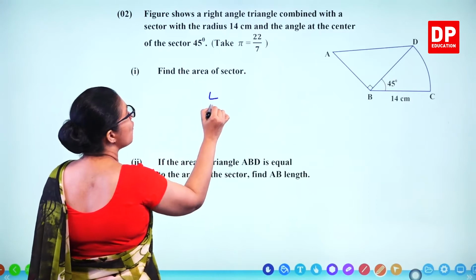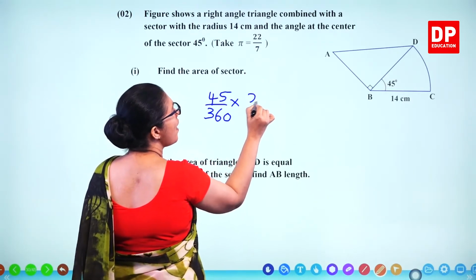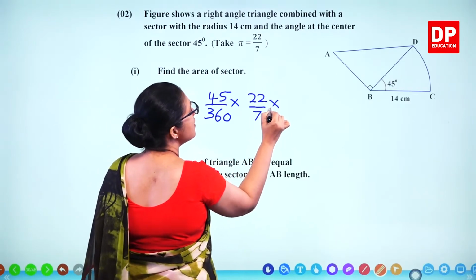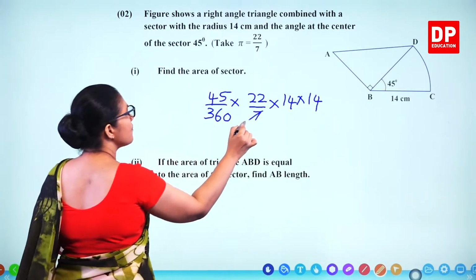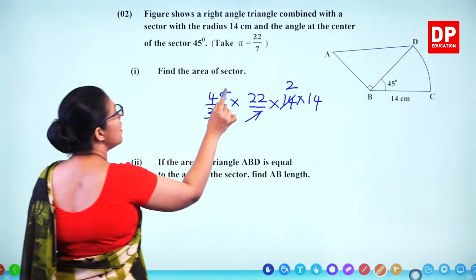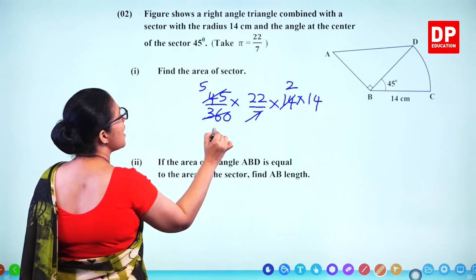So the angle is 45 out of 360 into pi r squared. 22 over 7, radius is 14. So 14 times 14. 7 times 2. 45, this is 9 times 5, 9 times 40.